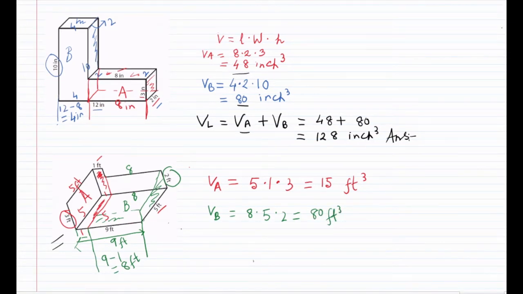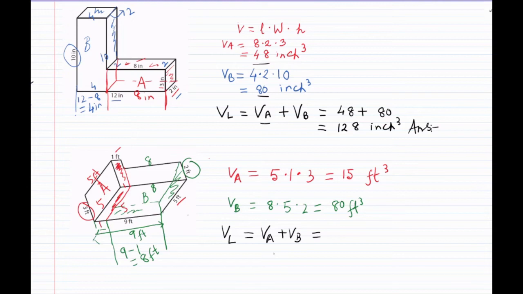Now, according to the formula, we have to add these two volumes to get the total volume of this L-shaped geometric figure. So VL equals VA plus VB.